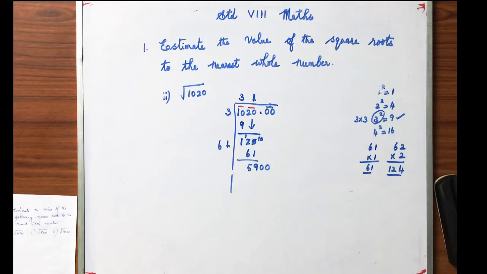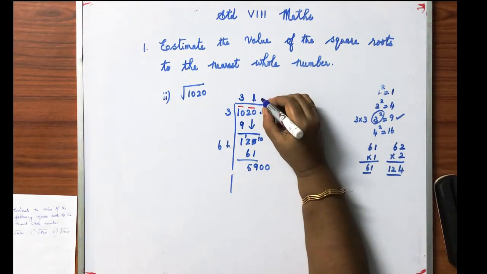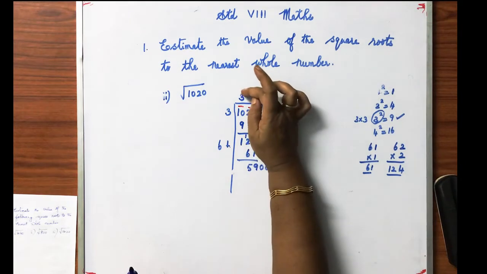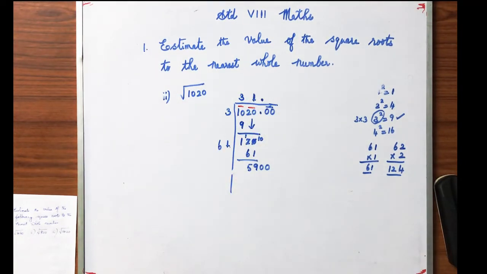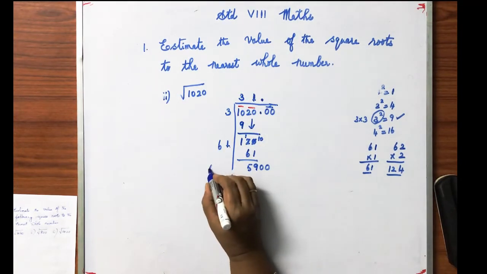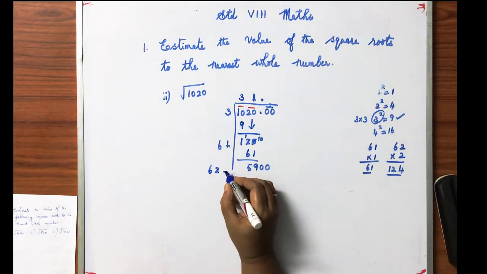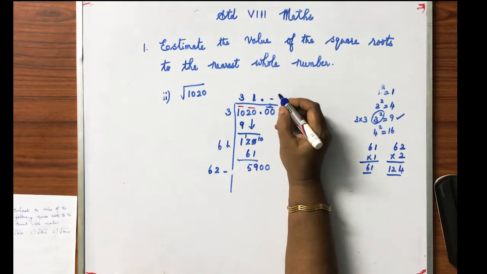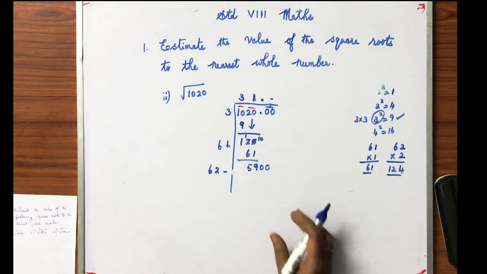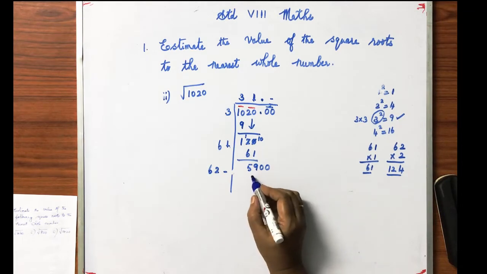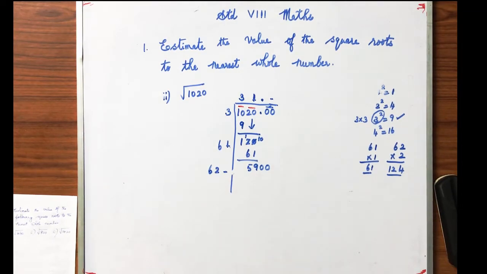Now we are going to find out the quotient. So keep the decimal point. Now multiply this quotient 31 into 2. So that becomes 62. Now we have to find out the number here. Same number should be written on the top. And if we multiply that, the number should be equal to or less than 5,900.